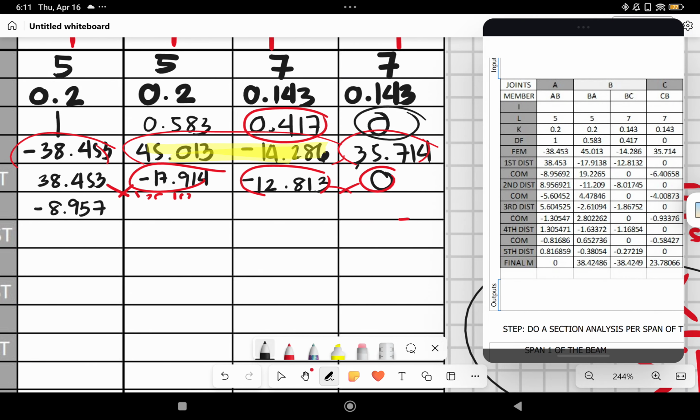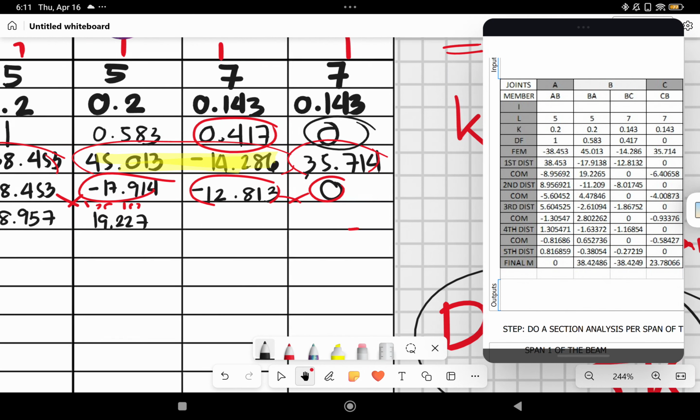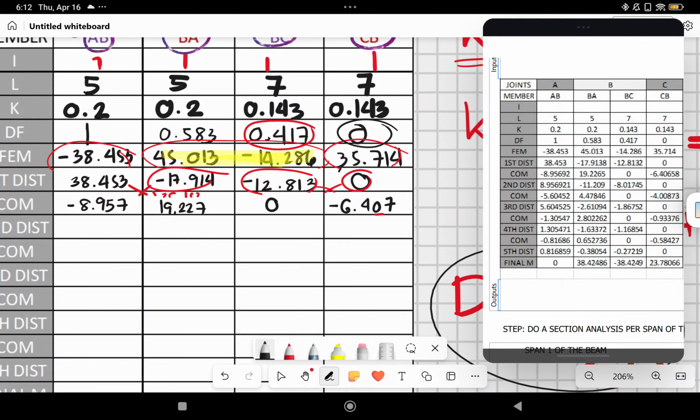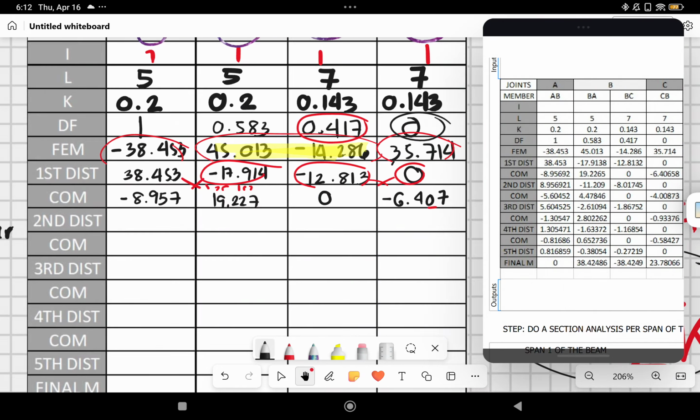This one is 19.27, from 38.453 divided by 2. 0 divided by 2 is 0. Negative 12.813 divided by 2 is negative 6.407.